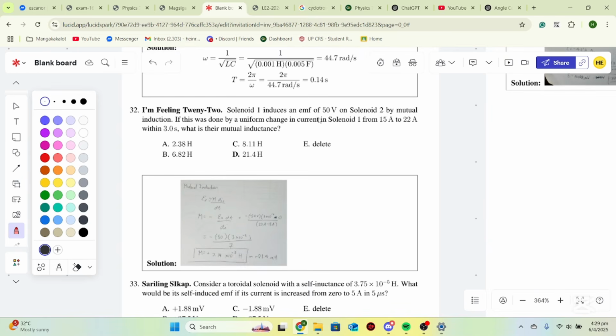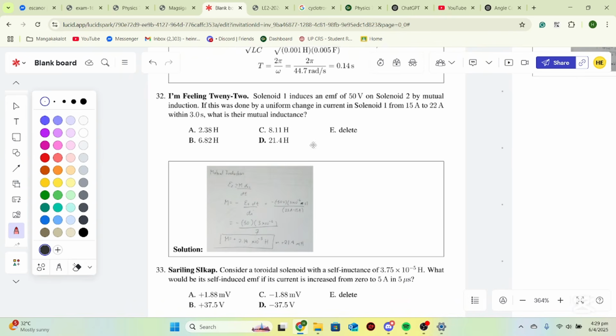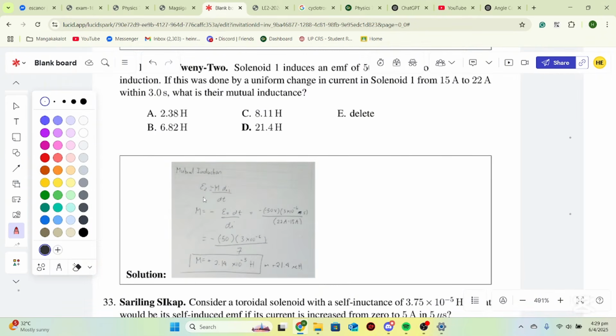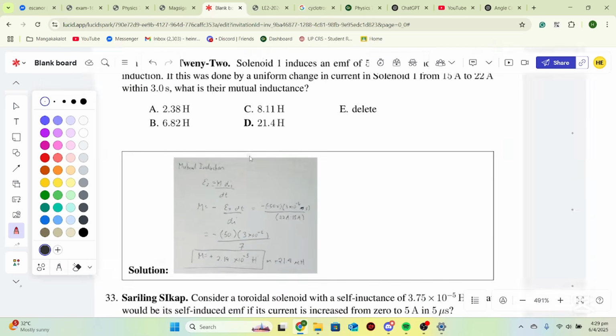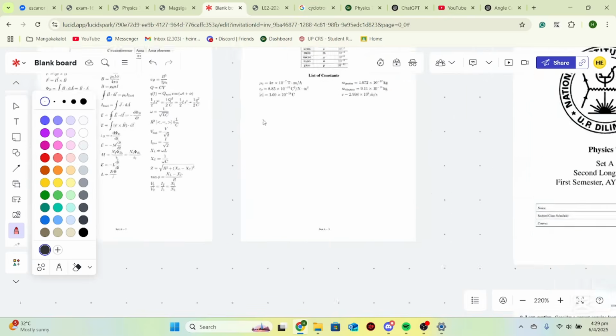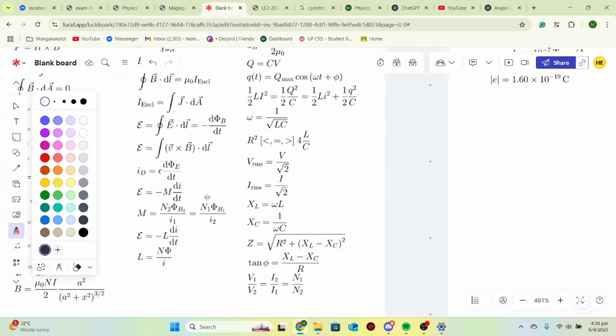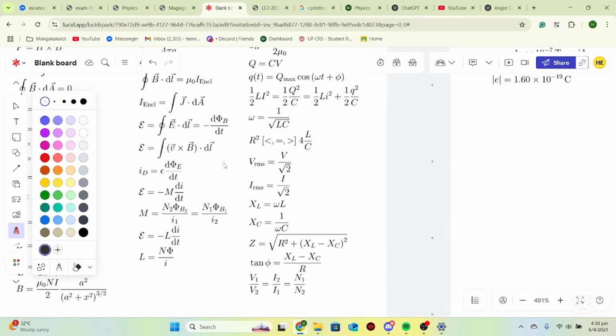Solenoid 1 induces an EMF of 50 volts on solenoid 2 by mutual induction. It was done by a uniform change in current in solenoid 1 from 15 amperes to 22 within 3 seconds. What is their mutual inductance? So mutual inductance, you can see over here, E equals negative M di over dt.